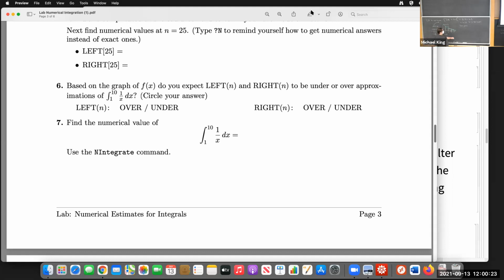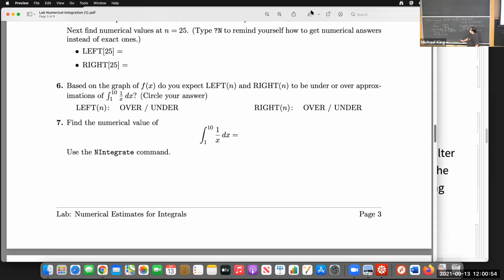Okay, so some general facts about Riemann sum approximations. The first thing I would say is if f of x is decreasing, if it's going down, right?